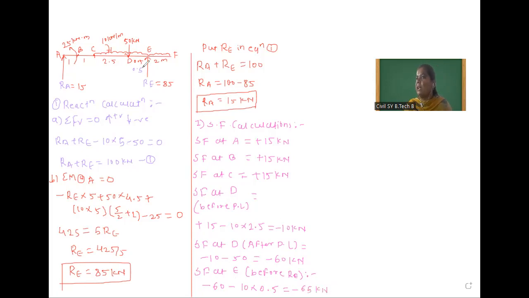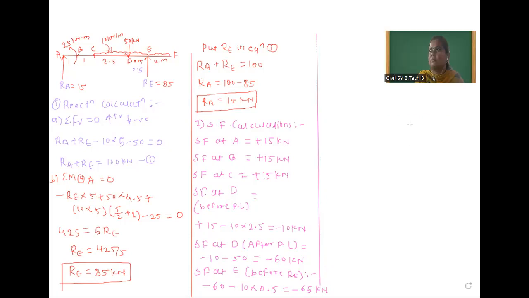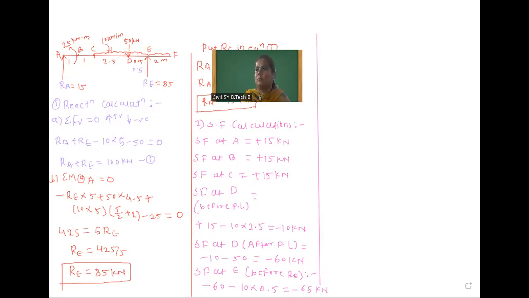Okay. Now we will calculate at E point, after RE. So shear force at E after RE, that means with considering reaction.